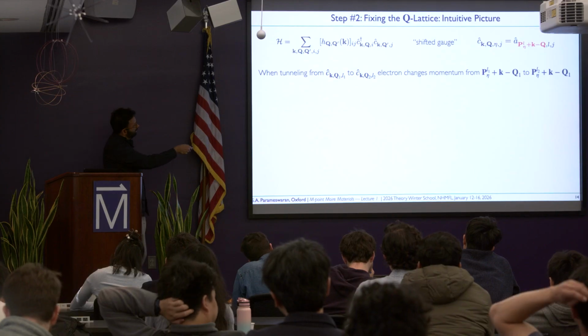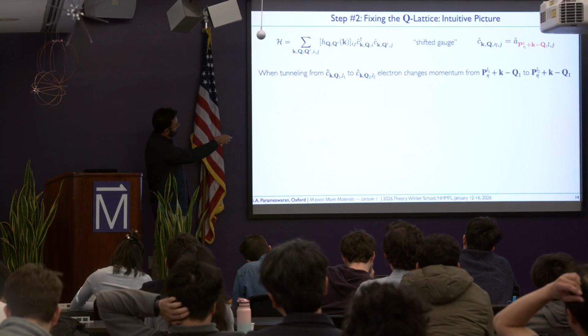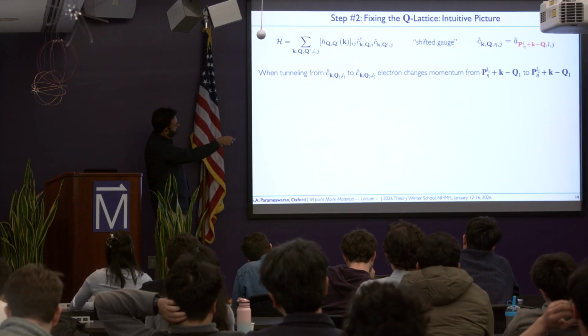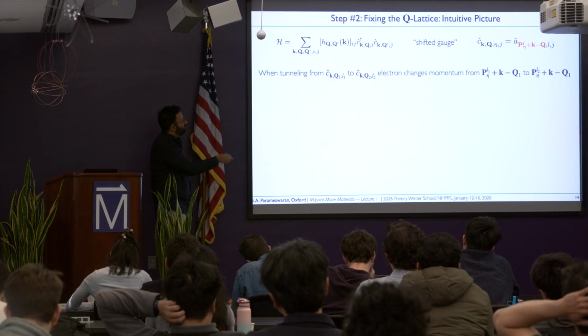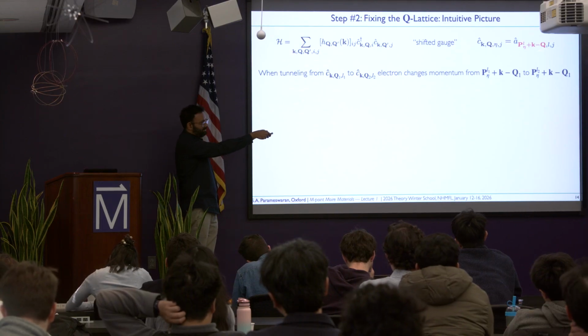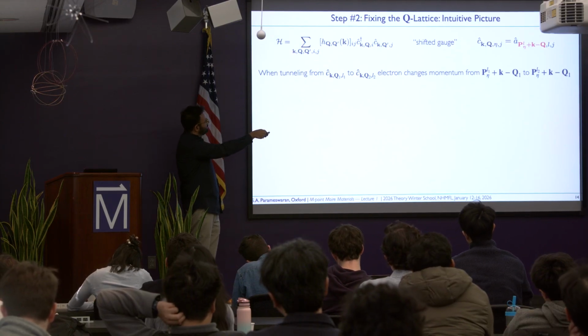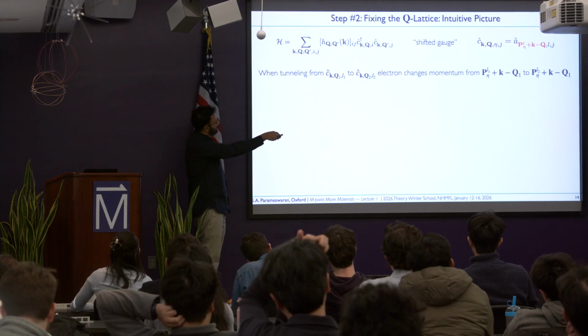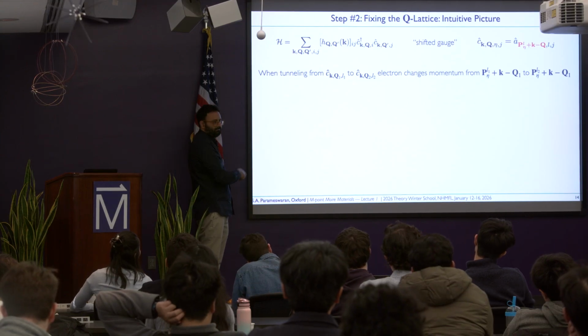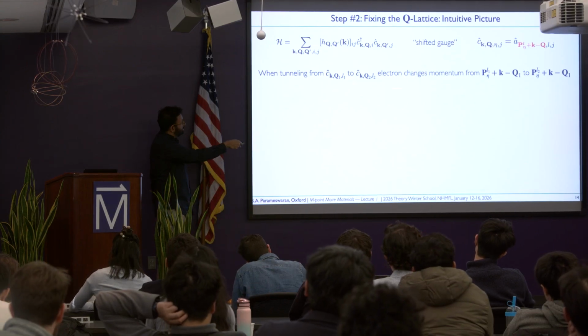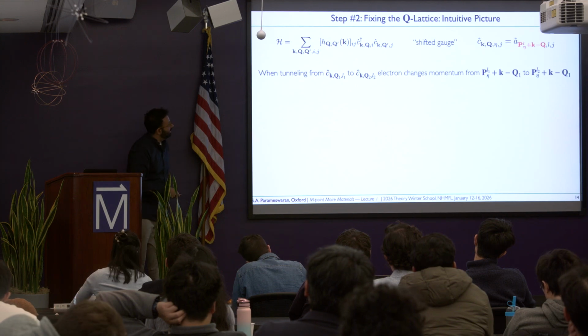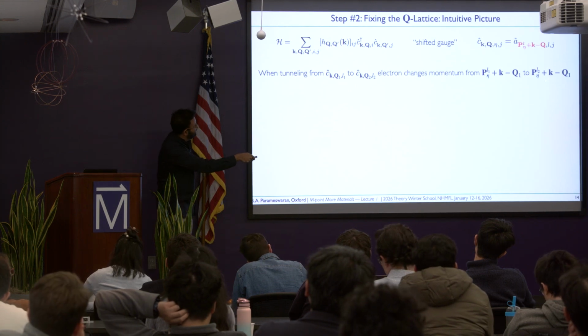So I hit the Moiré matrix element once, and I tunnel an electron from (k, Q1, L1) to (k, Q2, L2). If I unpack back to the lab frame, the electron has to physically change its momentum from this thing to that thing, right? But remember, k is a good quantum number, so it's shared in the two problems. And sorry, this should have been Q2.